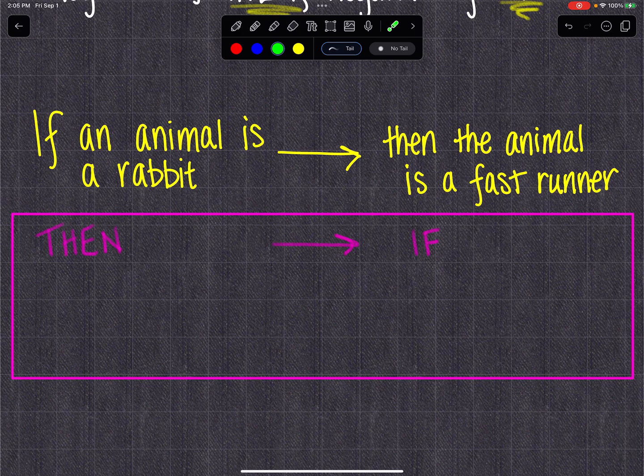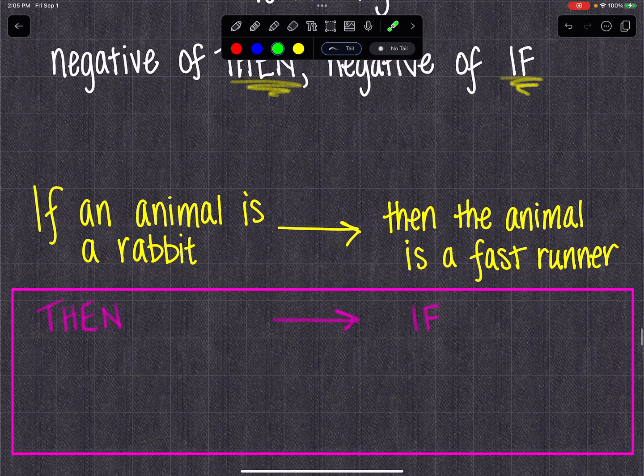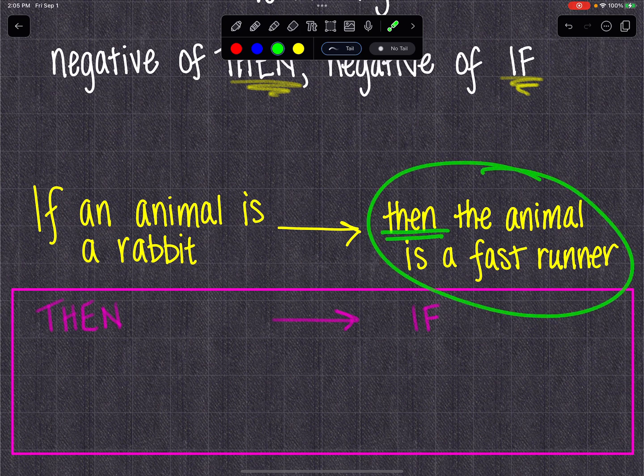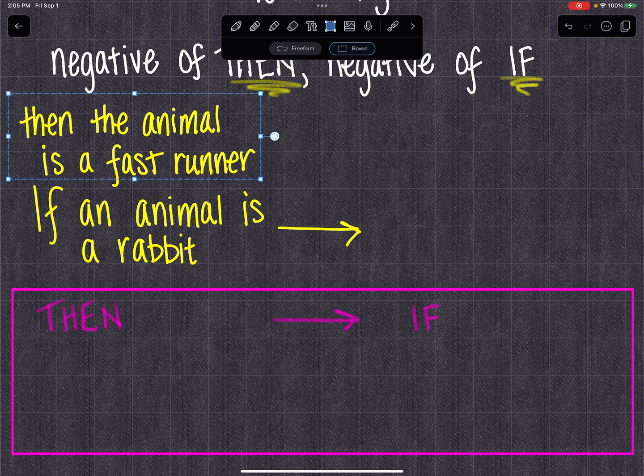Let's start with this. If an animal is a rabbit, then the animal is a fast runner. So what would be the contrapositive of that? I'm going to write it above it. We start with the then. Then the animal is a fast runner. So I'm going to write the then over here, and I'm going to make it negative.